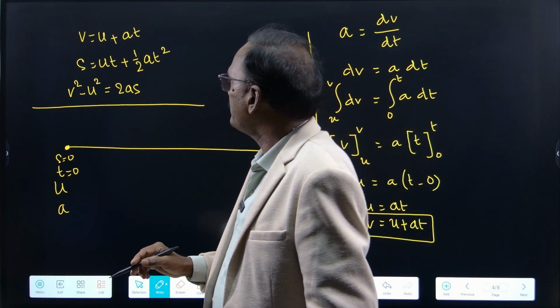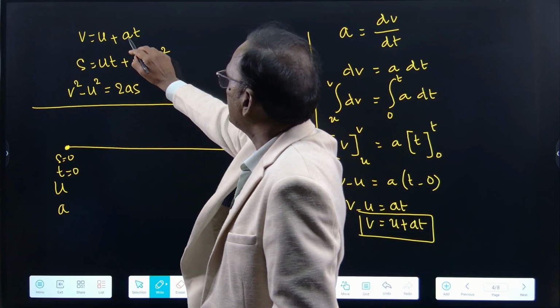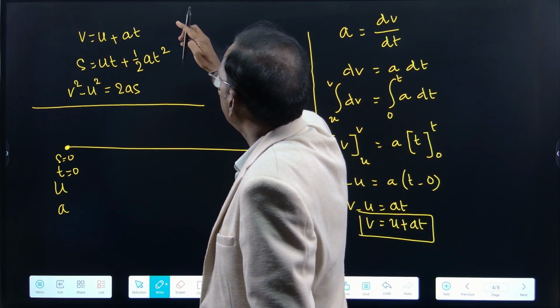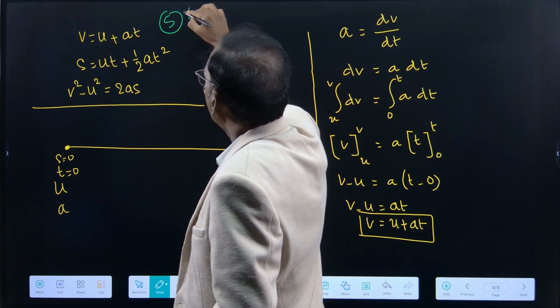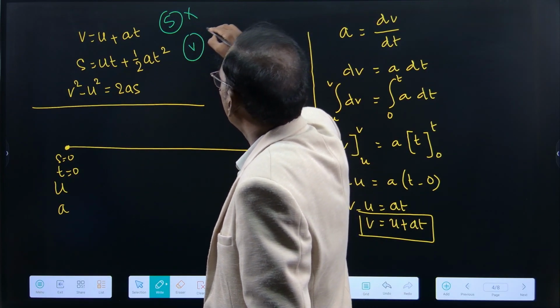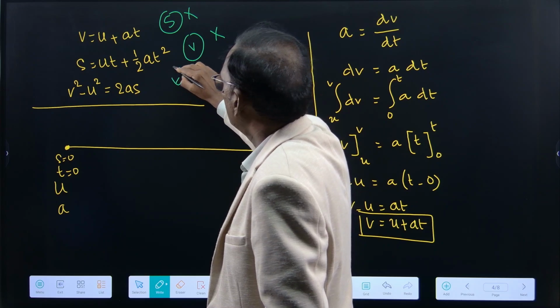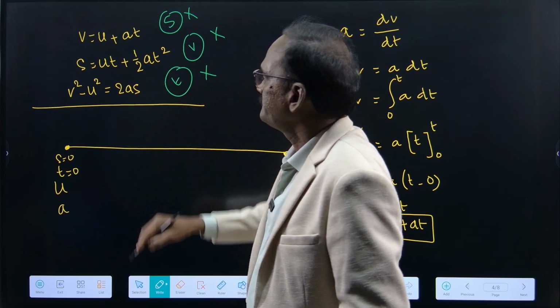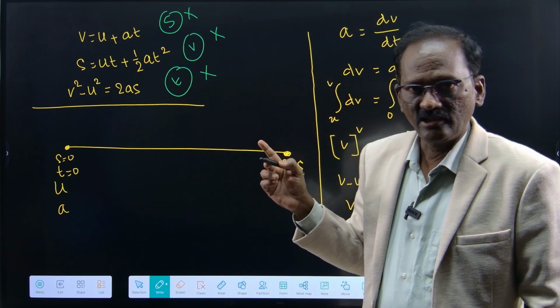So students, if you notice these 3 equations, in the first equation there is no s. In the second equation, there is no v. In the third equation, there is no t. So there are actually 5 terms.